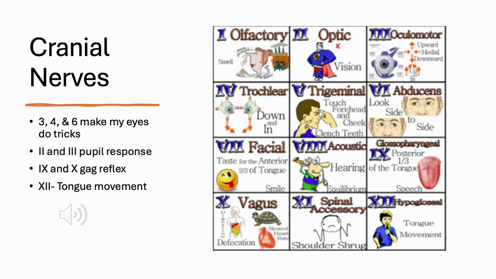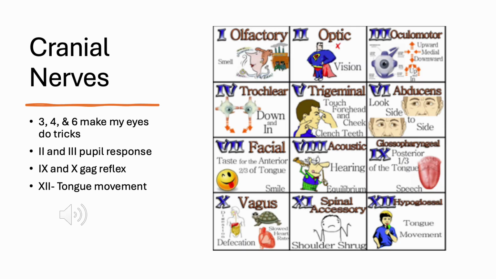They are described in Roman numerals, so you have to know the Roman numerals, and also by their function, what they actually do. So, for example, Roman numeral 1 is olfactory, and olfactory means smell. It's in charge of our sense of smell. Okay? Now, doing a bedside cranial nerve assessment, you're not going to do a real deep cranial nerve assessment.